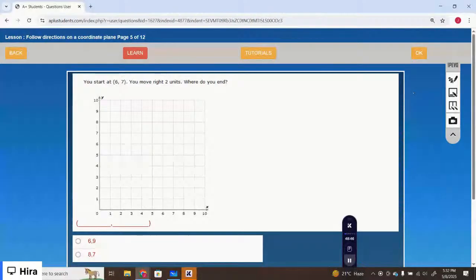X is 6, Y is 7. You move right 2 units, so that is (8, 7). Option number 2 is the correct option.